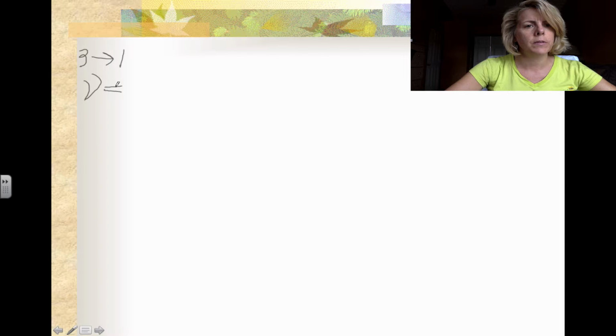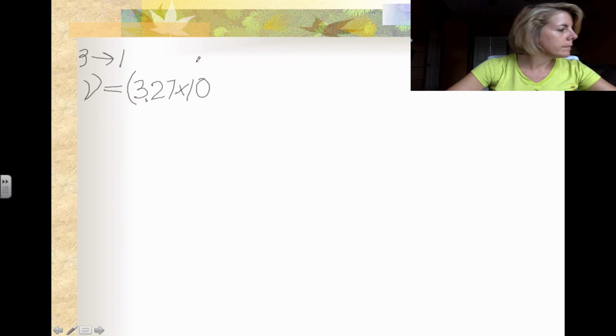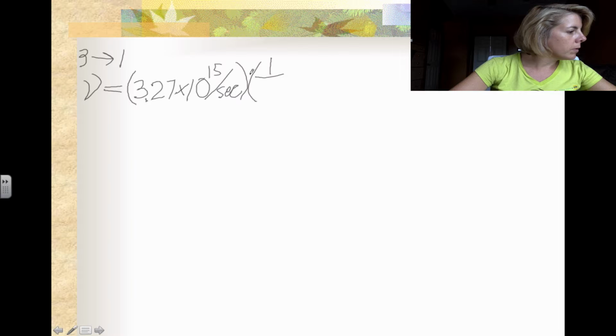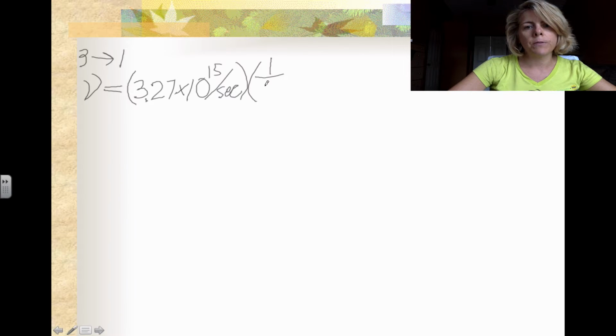So we're looking at frequency, and we're going to multiply it by K. K is 3.27 times 10 to the 15th cycles per second. This will be given to you. And then this is going to be multiplied by 1 over A, the first energy level, squared, minus the energy level that it left, which was the third energy level.